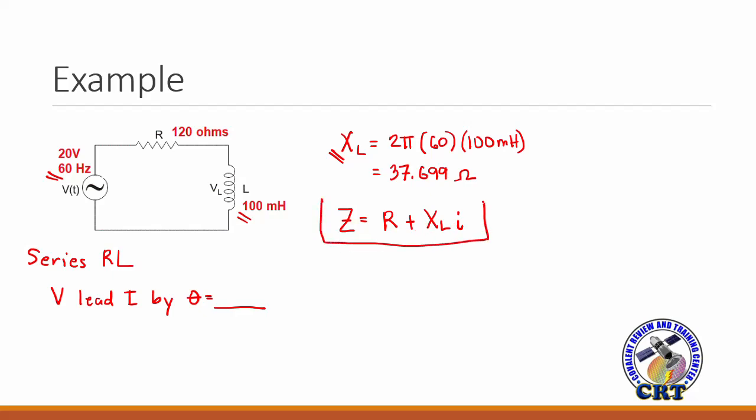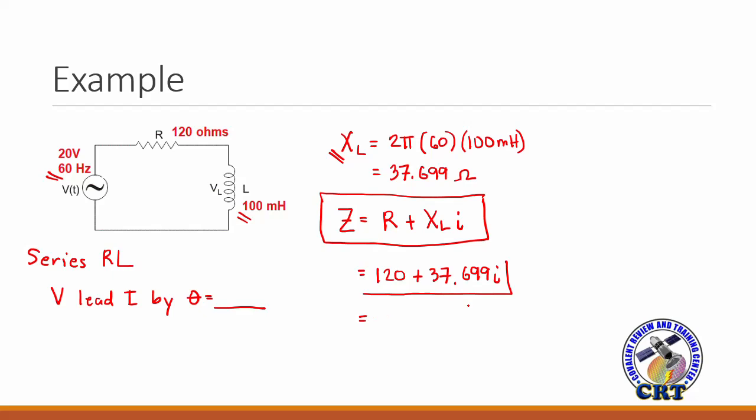This is the equation for a series RL circuit. Let us substitute the values: we have 120 plus 37.699 i. This is the rectangular form already for the impedance.